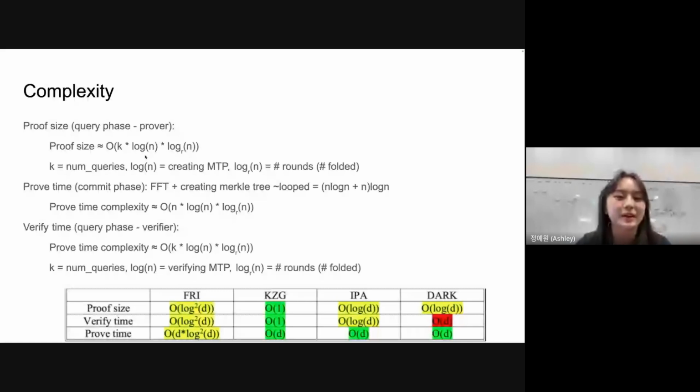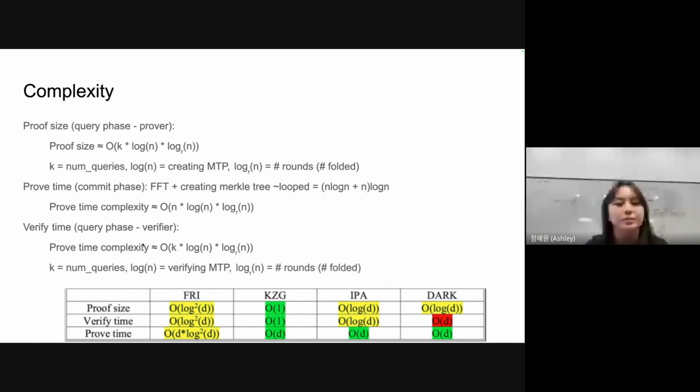And then for proof time, down here it's d log squared d, and this was created by FFT, I think, which is n log n to run, and then creating a Merkle tree is just n to run. So looping log n times, it creates n log squared n. So that's how this proof time is created.